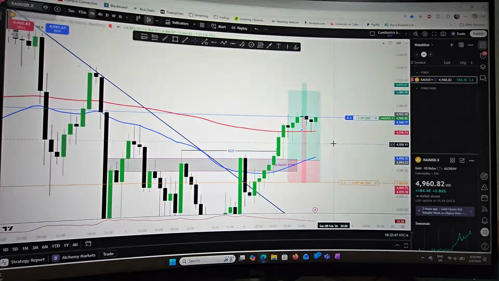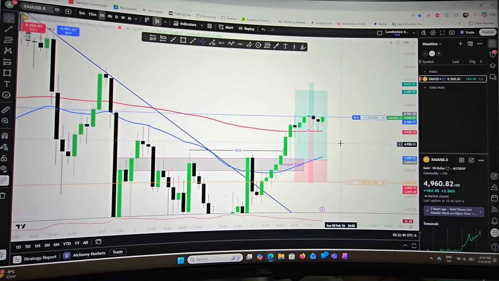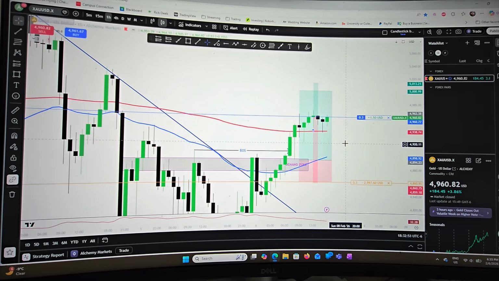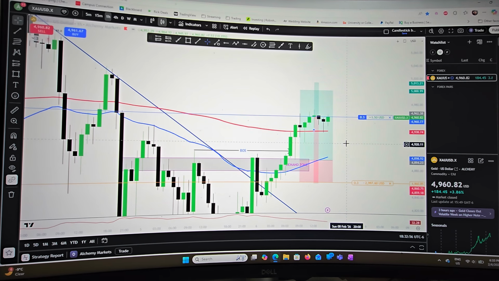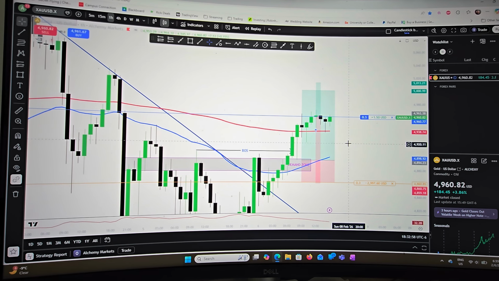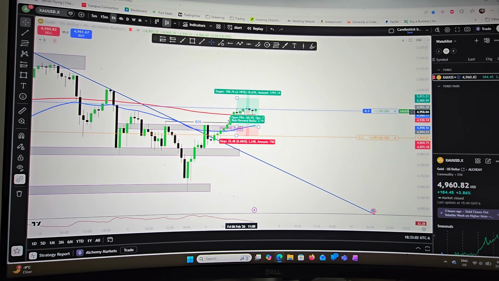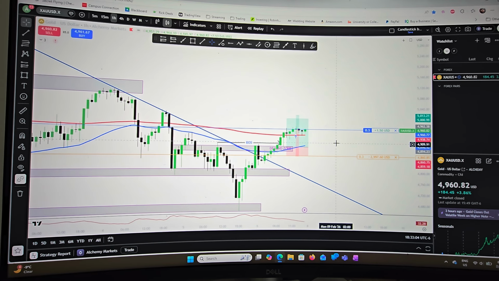If I zoom out a little, okay, zoom back in, zoom out, oh boy. Okay, so that was the psychology behind this trade.